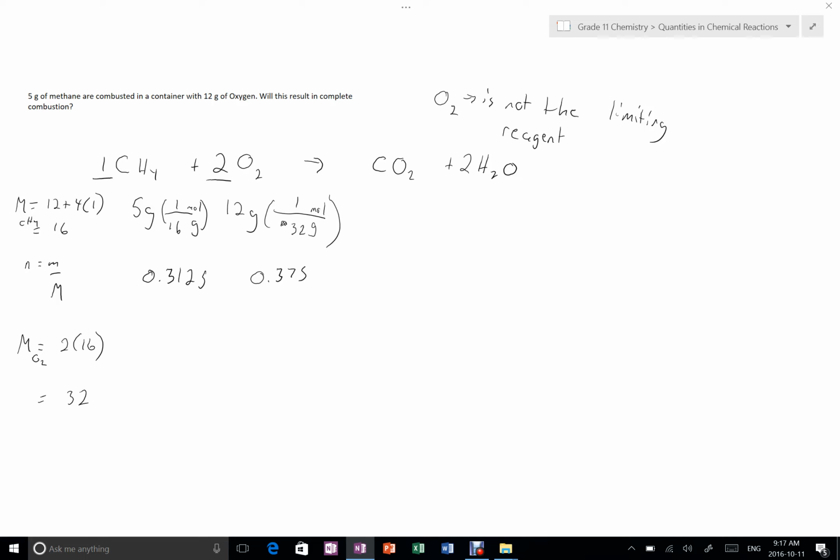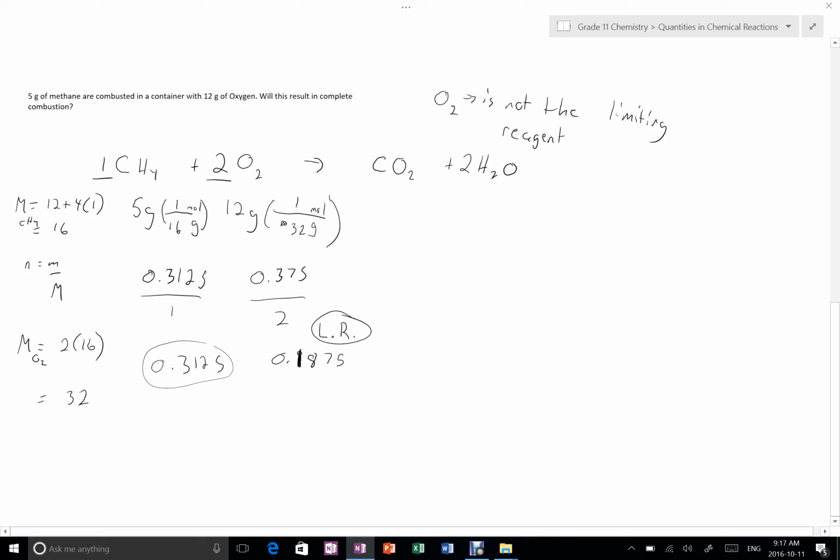If I want to just do that by dividing by those coefficients, I can see that since 2 oxygens get used in every mole of reaction, the oxygen is only going to be able to do 0.1875 moles of reaction, where the methane is going to be able to do this much. So obviously, this is the limiting reagent.